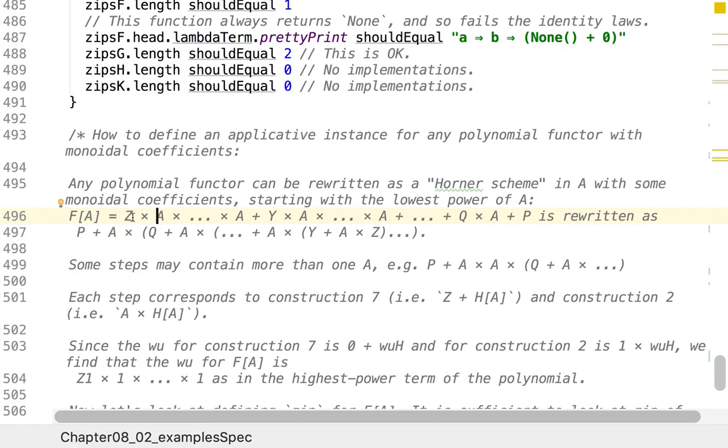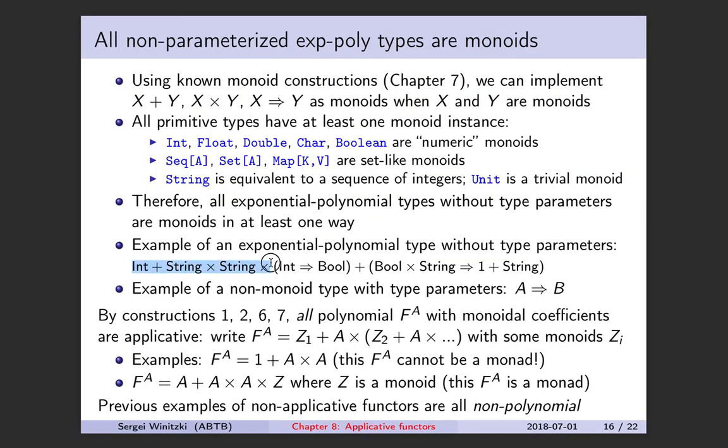It's a constant type multiplied by some number of A's, or some power of A, but a fixed number. Then another monoidal coefficient. So we assume they're all monoids, these Z and Y, because they are of this kind, so they do not have type parameters.